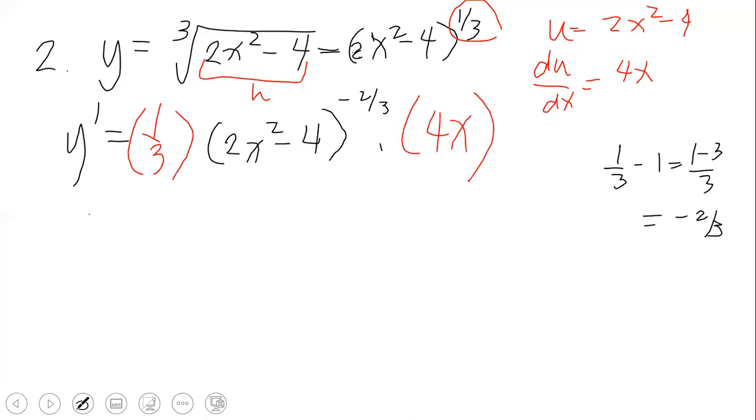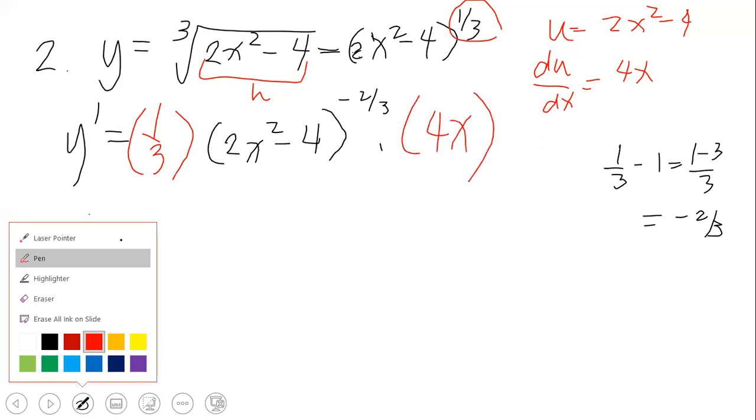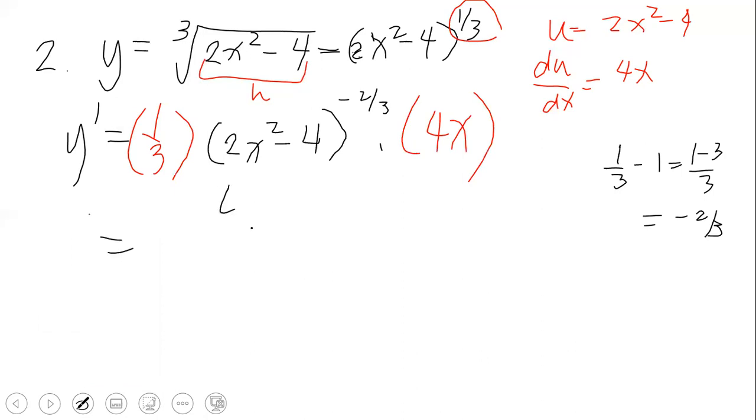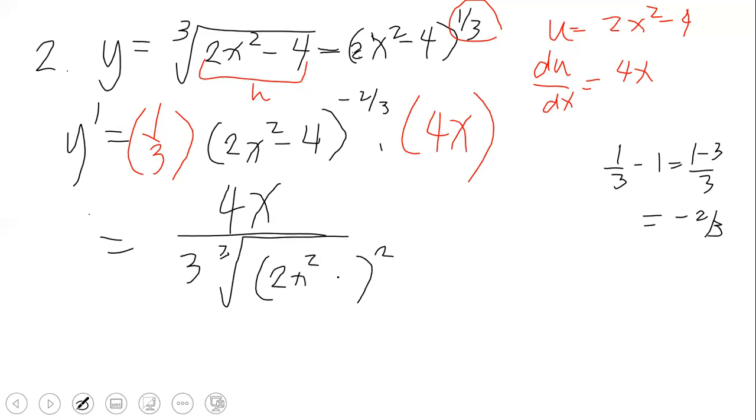So let's simplify everything. The whole is 4x over 3 cube root of the whole term raised to the second power, the content being 2x squared minus 4.